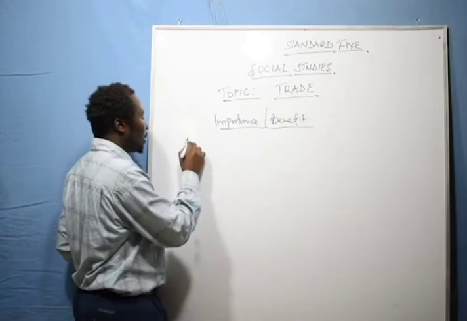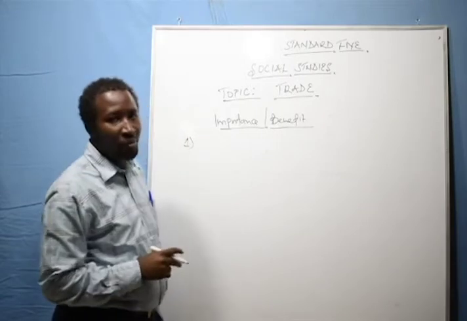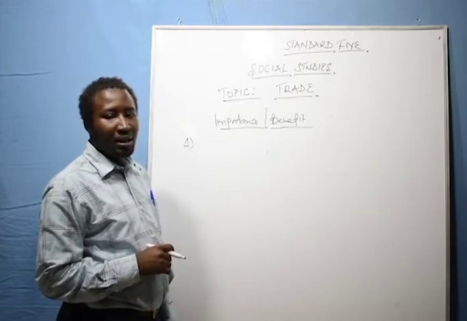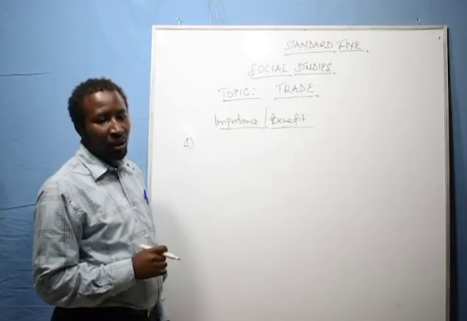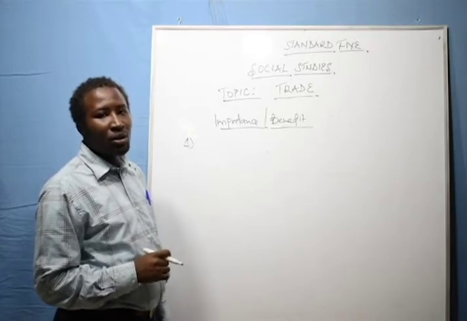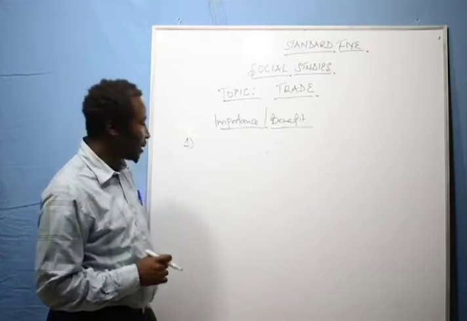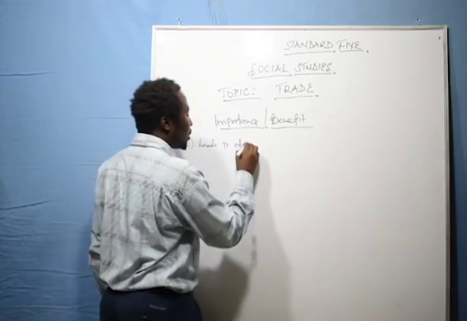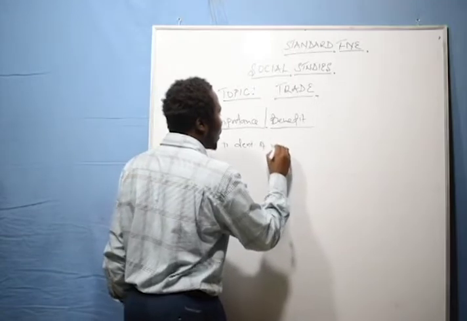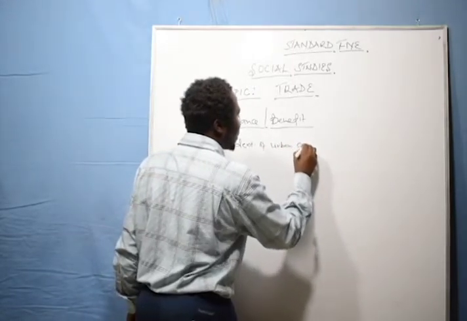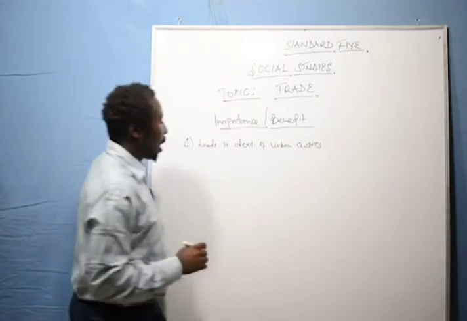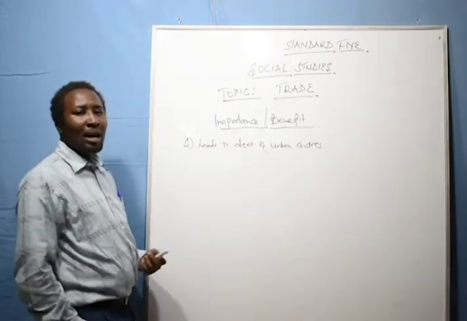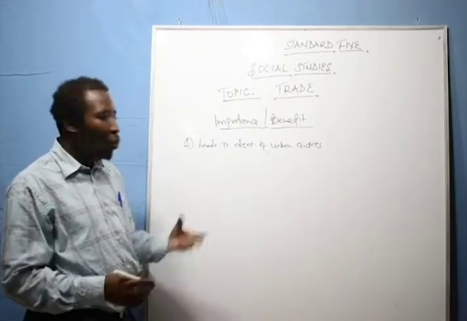So number one, as we look at the importance and benefits of this, we are able to understand clearly what we mean by this. Number one, it leads to development of urban centers, okay? Out of this trade, for example, a town like Kitengela was formed due to trade.